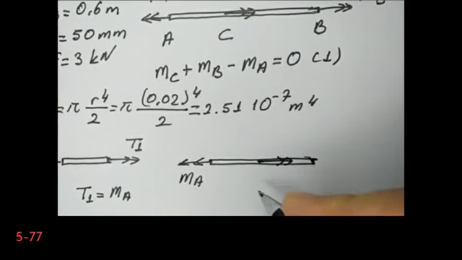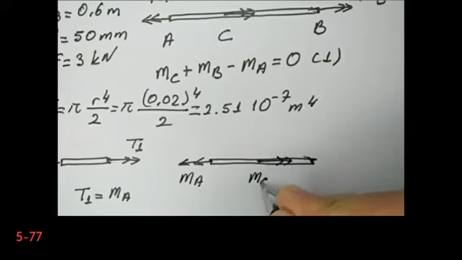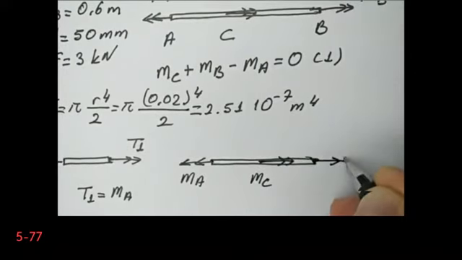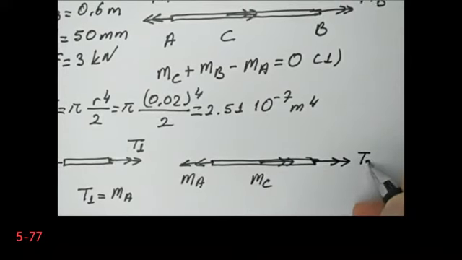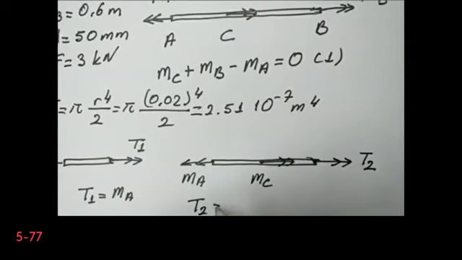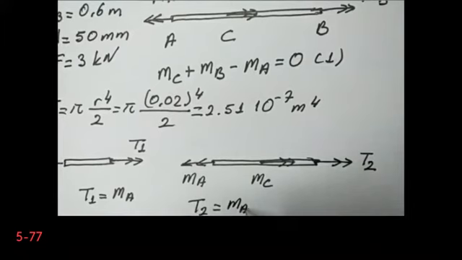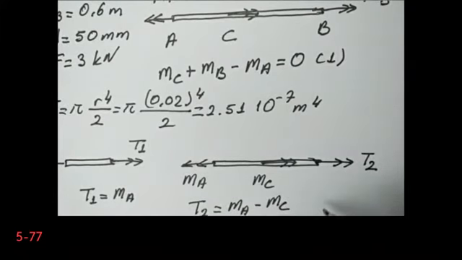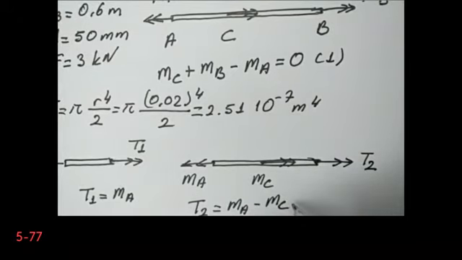This is MC. And this is T2. So T2 is equal to MA minus MC, and this is equal to MB.